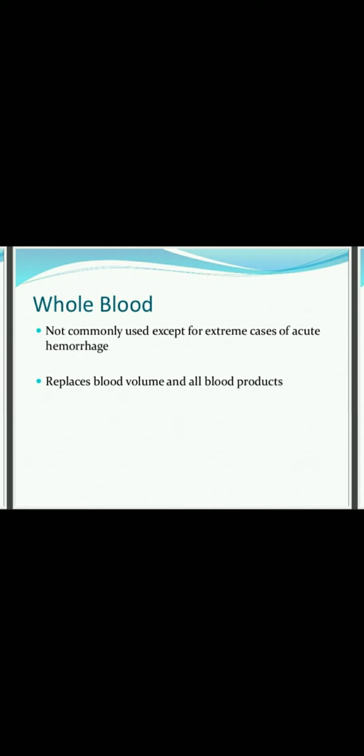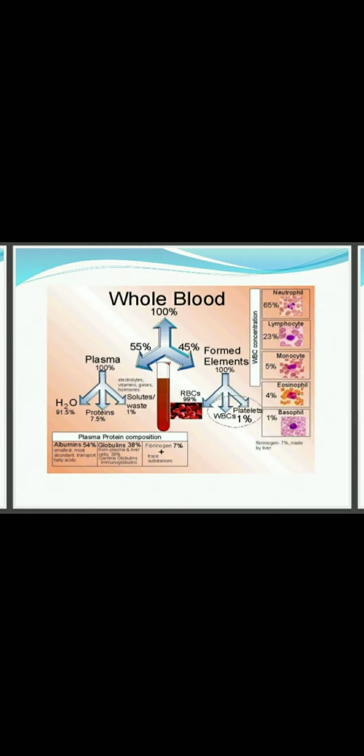Whole blood is not always used in small cases, but when acute hemorrhage is there, we have to use whole blood to replace the blood volume and all blood products by entering it into the patient.